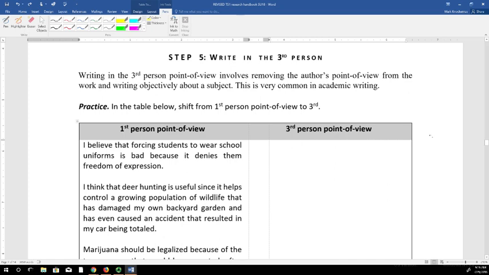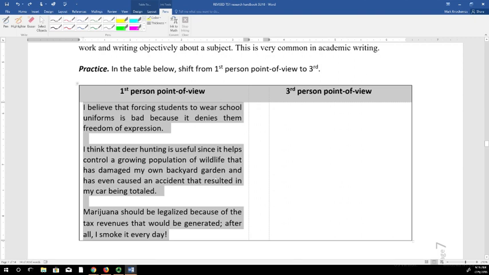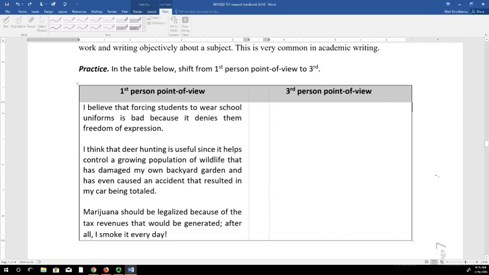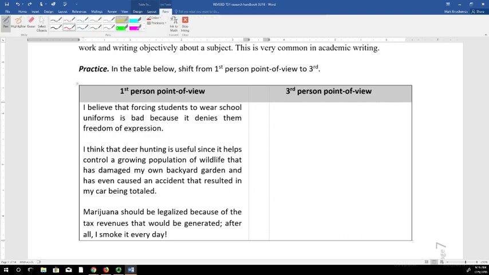Now, in this table, we have sentences that are all written in first person point of view. How do we know they're written in first person point of view? Well, we can take a look, and what do we see?